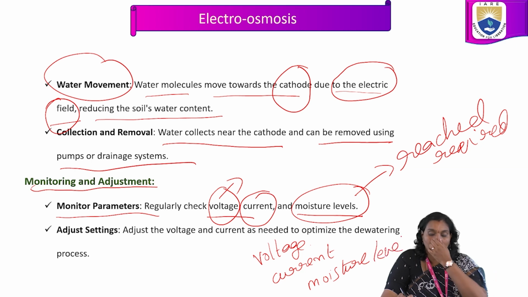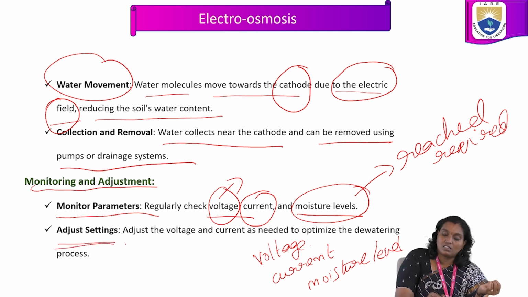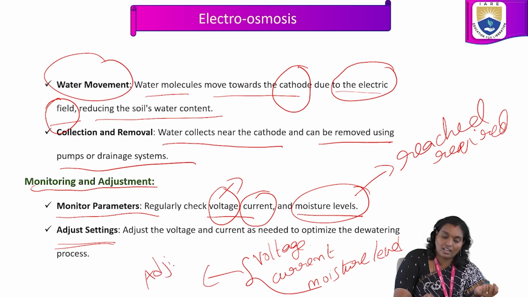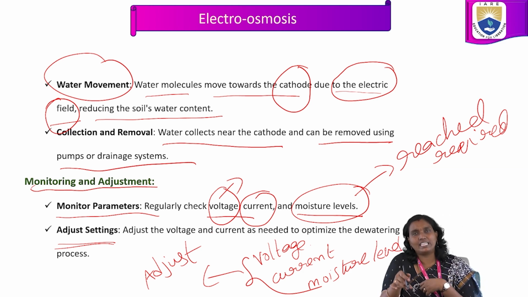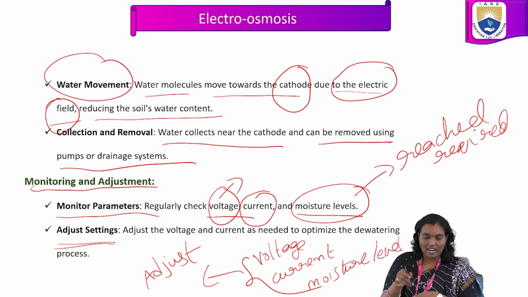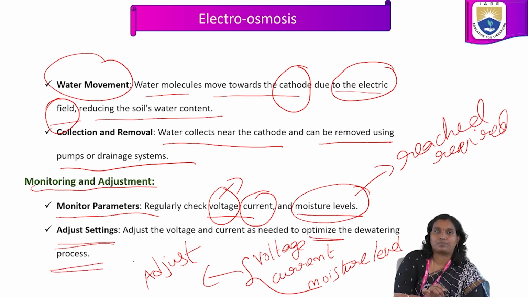After the process has started, whenever we are monitoring, it may require adjustments for these three. The adjustments are also important, and we adjust whenever it is required to optimize the dewatering process.